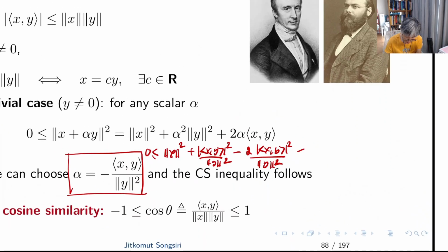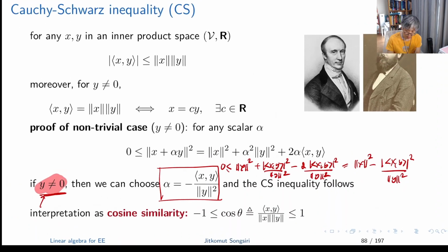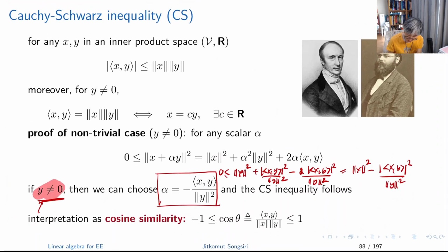So at the end, you get something that is this term with the coefficient negative 2. This is a positive 1, so it gives you negative 1. Okay. So once you got that, this quantity is always non-negative. And that just gives you the Cauchy-Schwarz inequality.